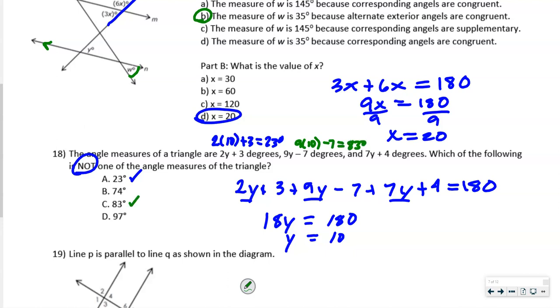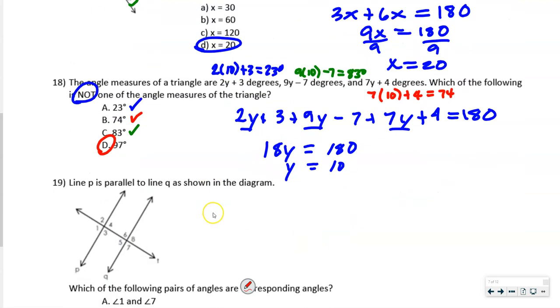So there's our 83. And our last one over here is going to be 7 times 10, that's 70, plus 4 is 74, right? So there's our 74. So this is our correct answer because it's asking for the one that's not a measure.